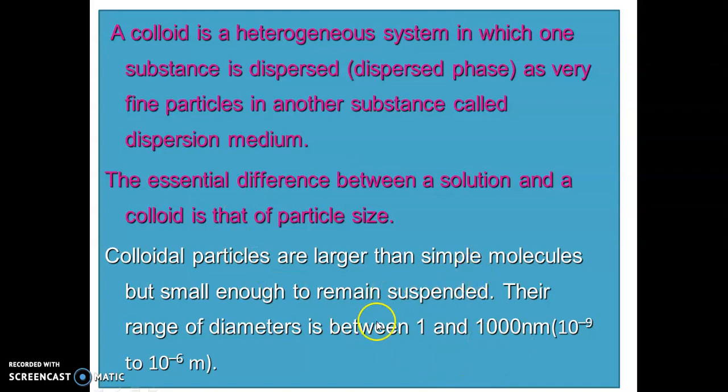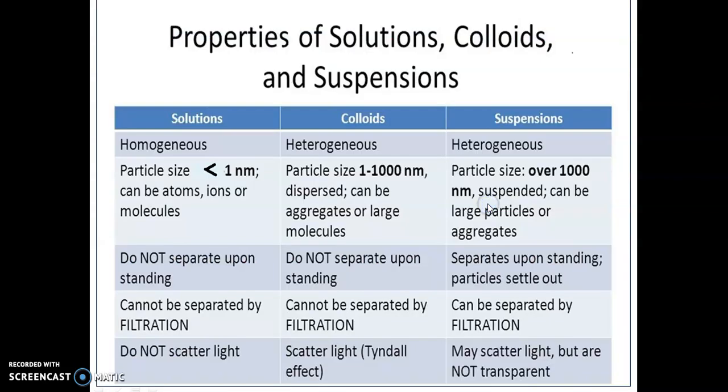If the range of particle size is less than 1 nm, then the solution is known as true solution. And if the particle size is between 1 to 1000 nm, these are colloids or colloidal solution. And if the particle size is greater than 1000 nm, then it is known as suspension.